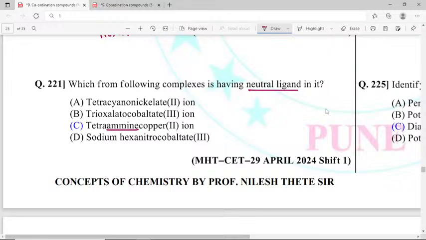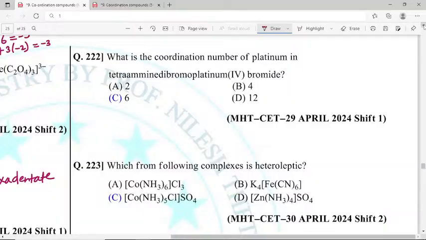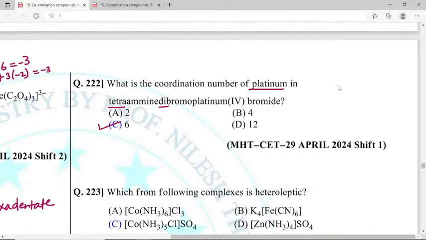So your answer should be option number C. What is the coordination number of platinum in tetraamine dibromo platinum(IV) bromide? So this is 6. Bromide is not a ligand. Always remember, it is not a ligand because it is in the ionization sphere.